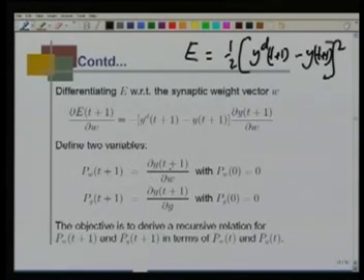Similarly, Pg t plus 1, where g is another weight, is the partial derivative of yt plus 1 with respect to g.